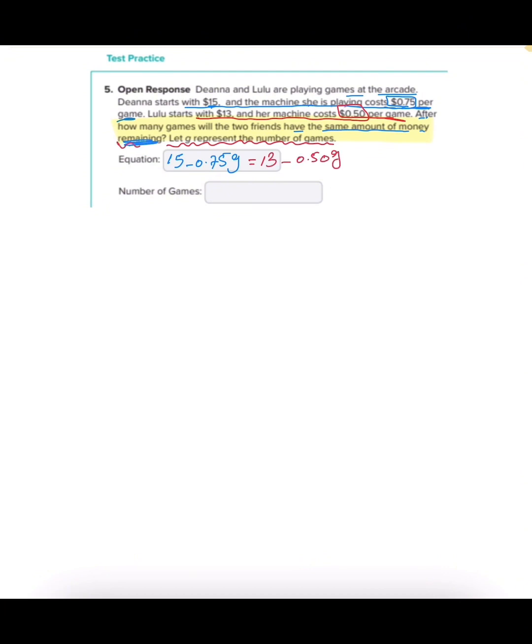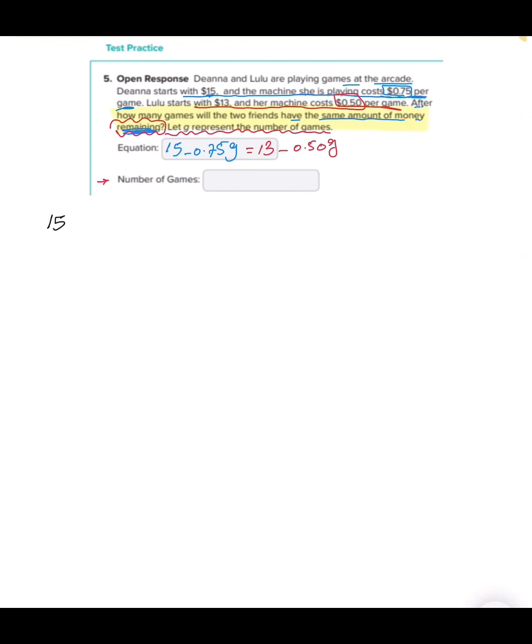Why? Because they are remaining, الباقي, that means minus. Then the number of games, so we must solve the formula. Equation: 15 minus 0.75G equals 13 minus 0.50G.